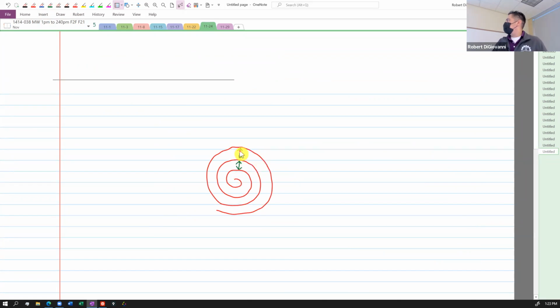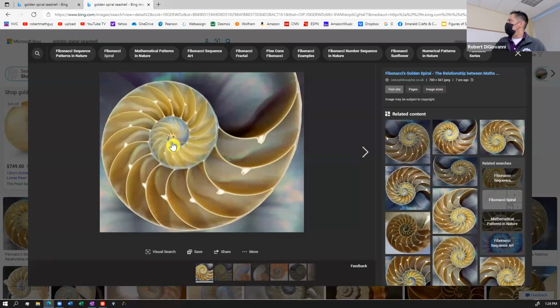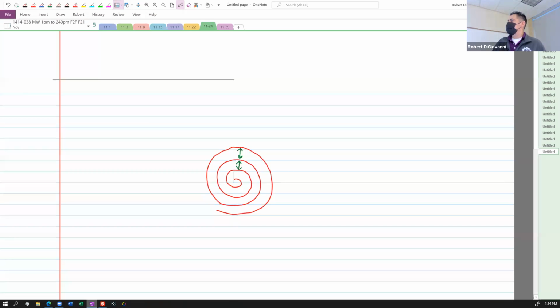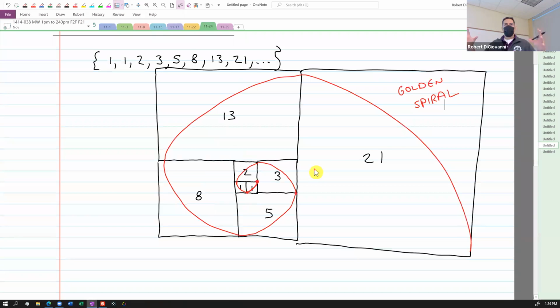That distance is constant, right? That's not the way it works in nature. In nature, you have a very tight spiral, and then it starts to spread out and open up, right? And it seems like it follows the pattern of the Fibonacci sequence. The ratio at which it spreads out is consistent with this sequence. We're not quite sure why, but that's what makes it a special sequence.